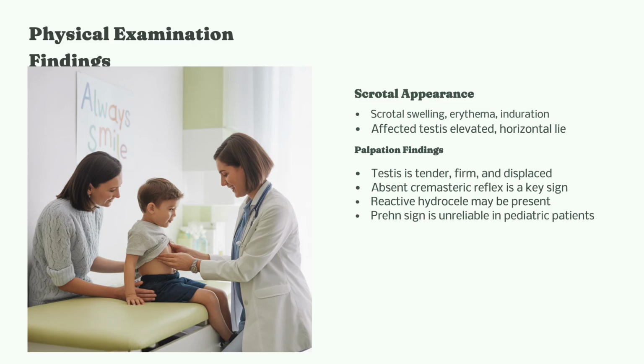On physical examination, we are looking for high-riding, transversely lying testes. The scrotum may be swollen, red, tender, firm, and displaced. And an absent cremasteric reflex is also a reliable sign.